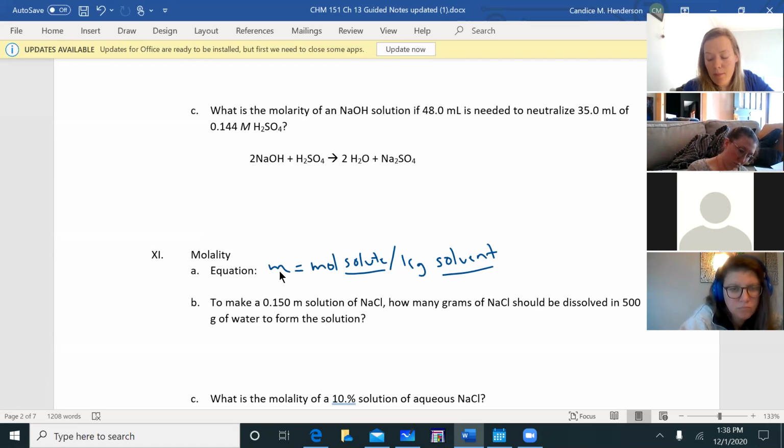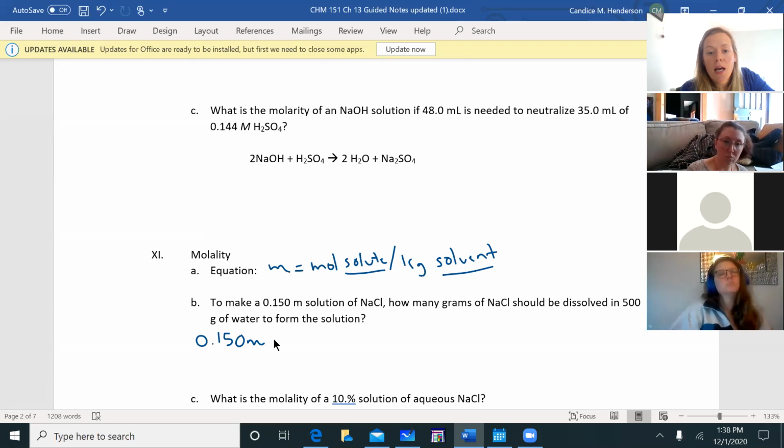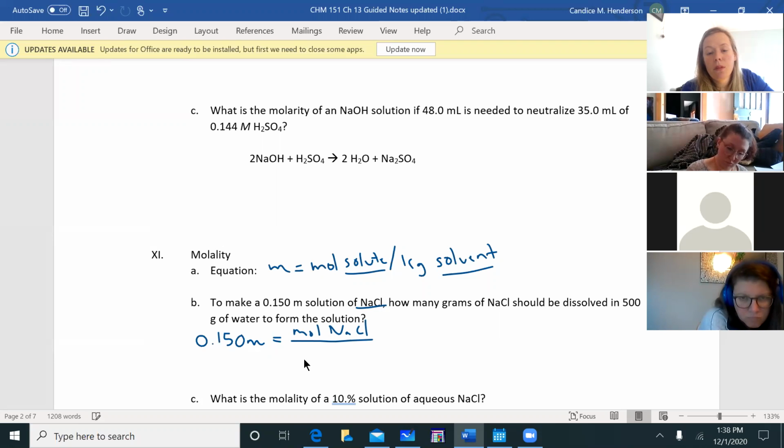So we have the overall m, we know that. We can even plug it in. So we know the 0.150 curly m is going to be equal to moles of solute. And the solute in this case is NaCl, right? So NaCl divided by, well, we want kilograms of the solvent.